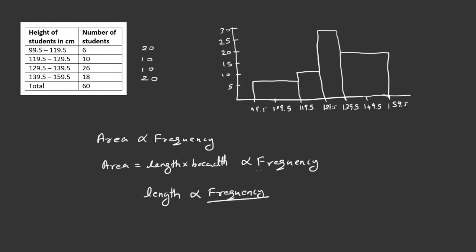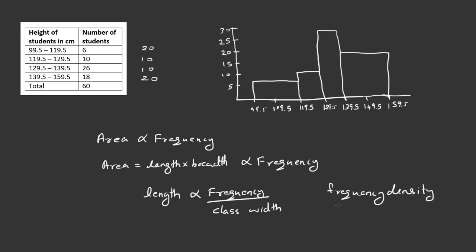What is breadth? Breadth is the class width. So height is proportional to frequency divided by class width. In the case of a histogram, we call it the frequency density.